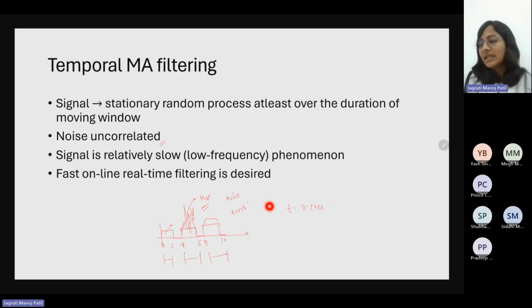So the signal is a relatively slow phenomenon, and then fast, real time filtering is possible over here. If you have seen oscilloscopes, there's a menu with a particular window where something is written as acquire.